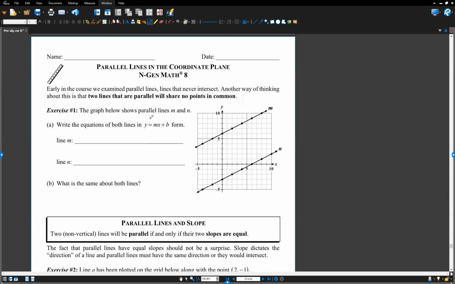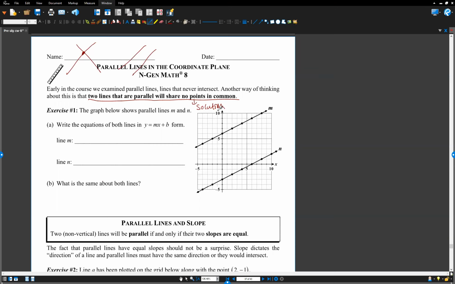We have a solution when they have an intersection, but when they are parallel, no solution. Two lines that are parallel will share no point of intersection. So there is no solution between these two lines because they are parallel forever.